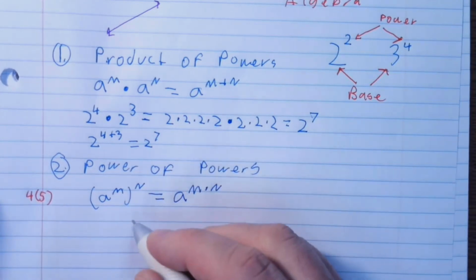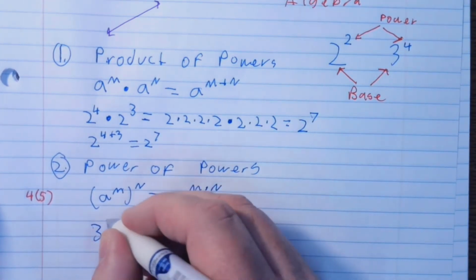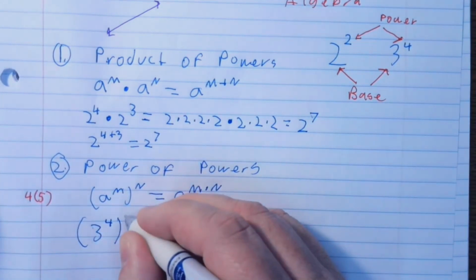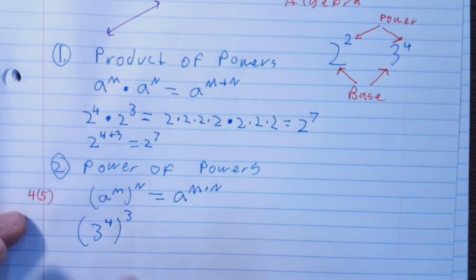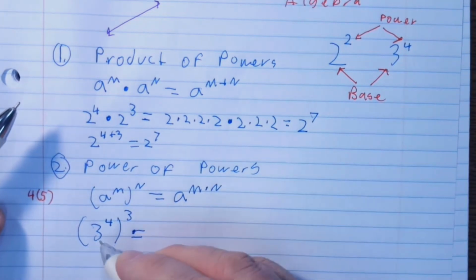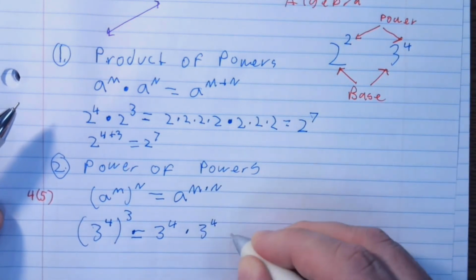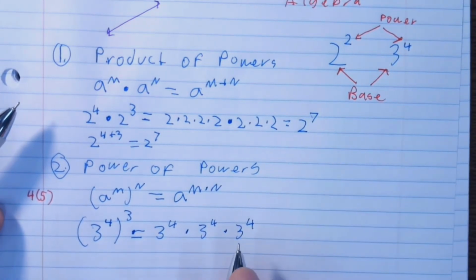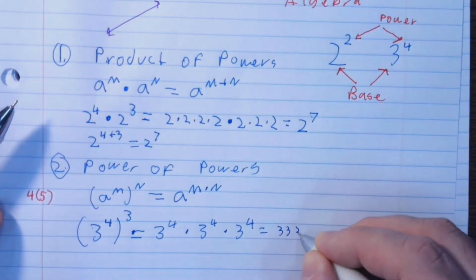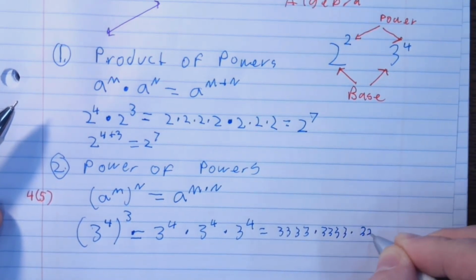So I'm going to do one of these. We're going to do 3 to the 4, and then we're going to call it 3 outside here. I'm going to write it in expanded form. What this means is how many of this means this: 3^4 times 3^4 times 3^4. Or you could write it like 3·3·3·3 times 3·3·3·3 times 3·3·3·3.